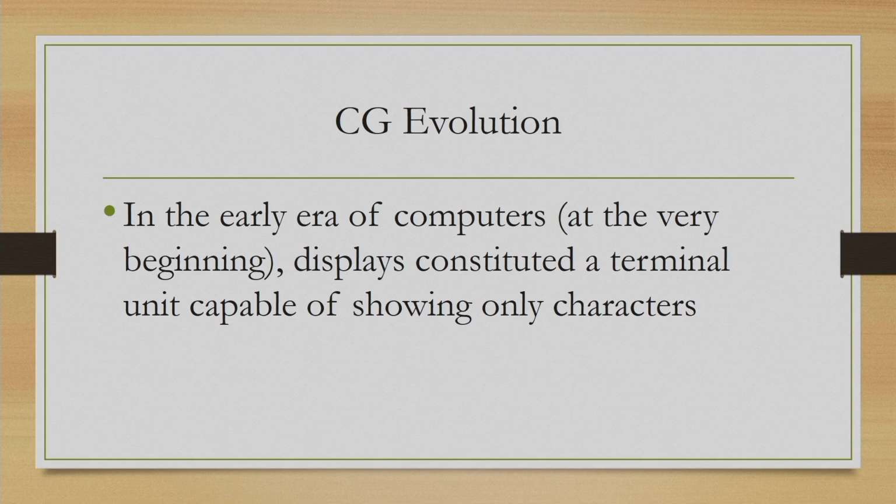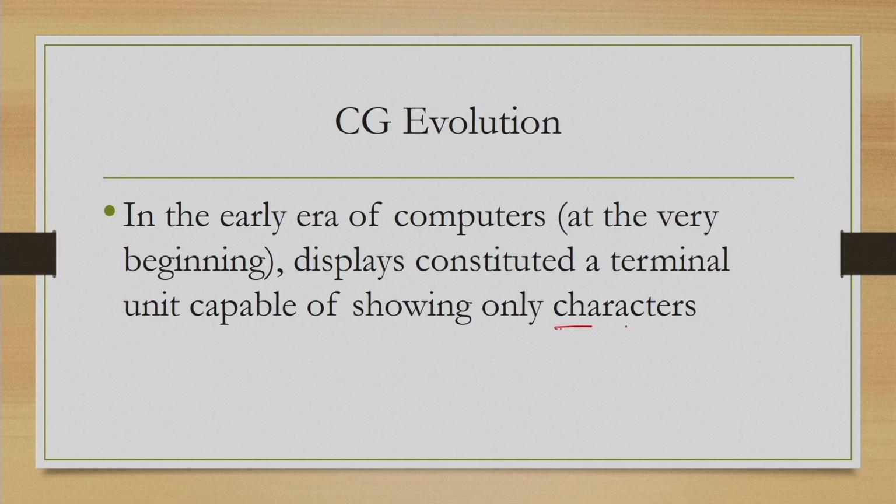In the early days, when computers just started appearing, that means in the 1940s, 50s of the last century, displays constituted a terminal unit capable of showing only characters. So, in earlier days we had displays that used to show only characters.